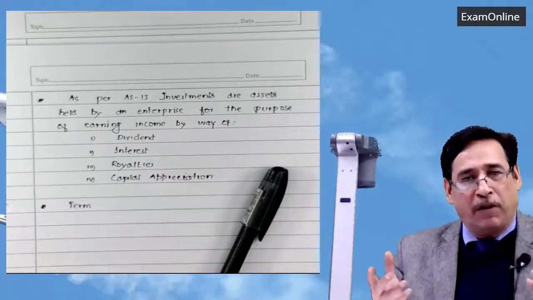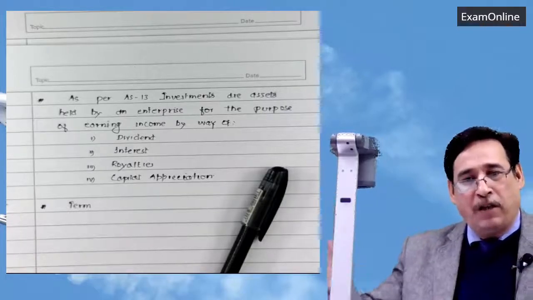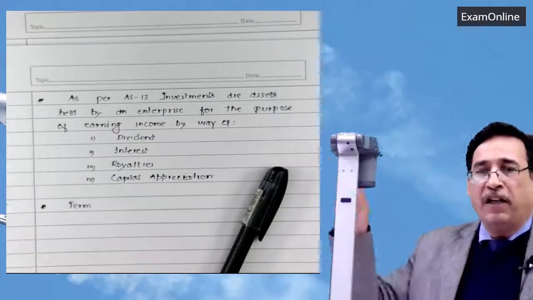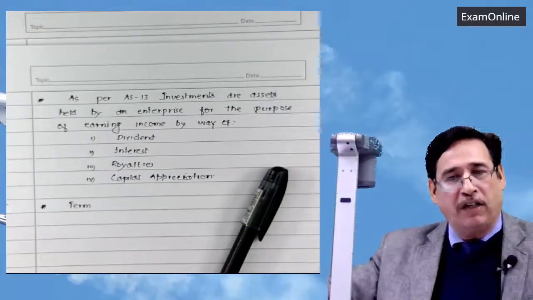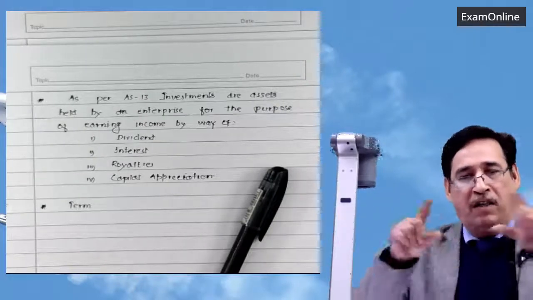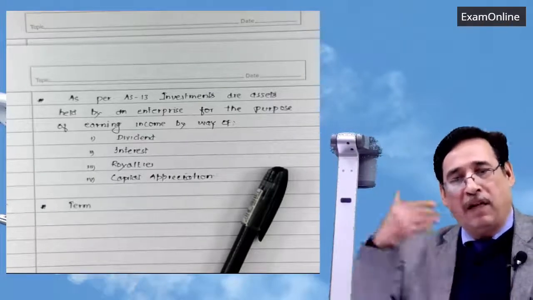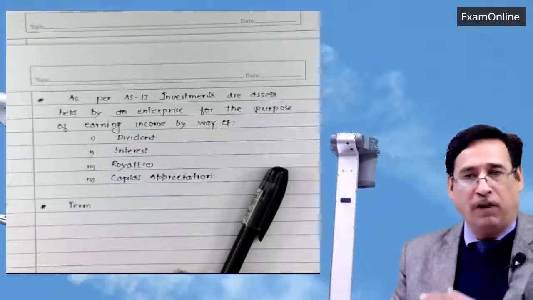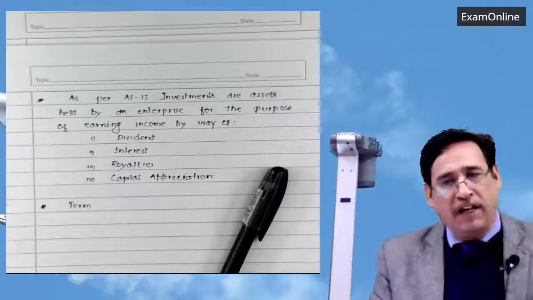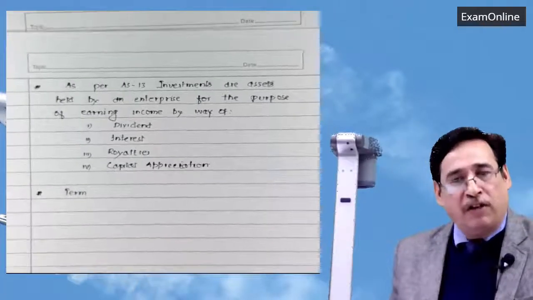It is just a paper. We call it a certificate. So I'm holding a certificate which is acknowledged by the company that this particular person has invested in that particular entity. If I invest in 1,000 shares of rupees 10 each, that means I have given 10,000 to that entity. So that certificate is simply acknowledging that this person has invested 10,000 rupees in that company. That is why shares, bonds, debentures are nothing but financial rights.